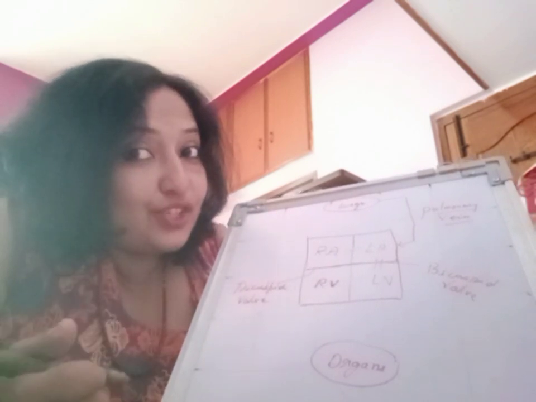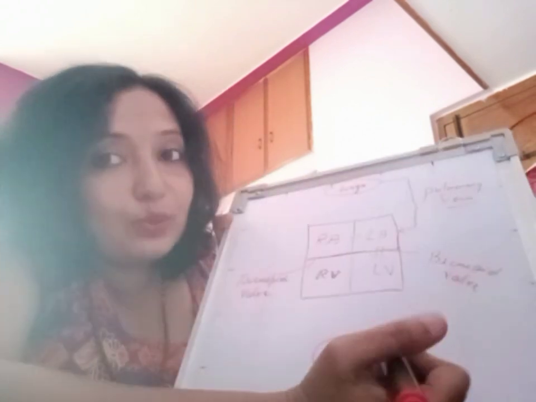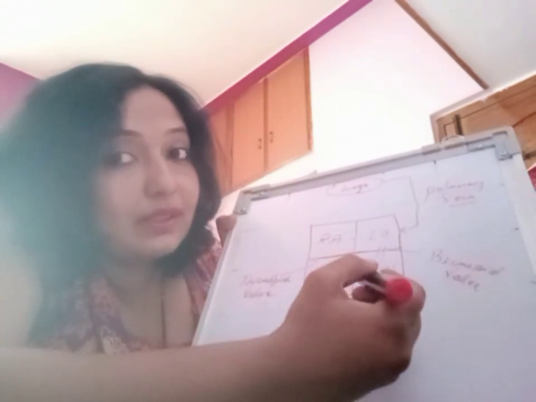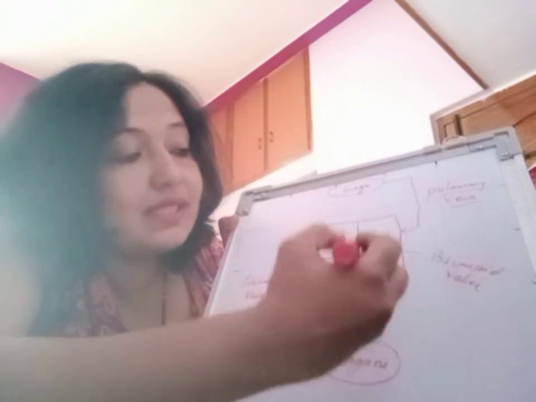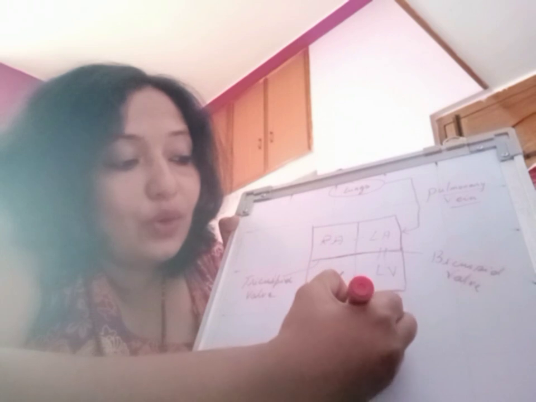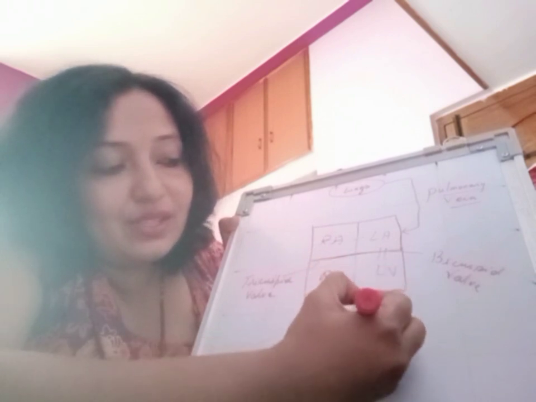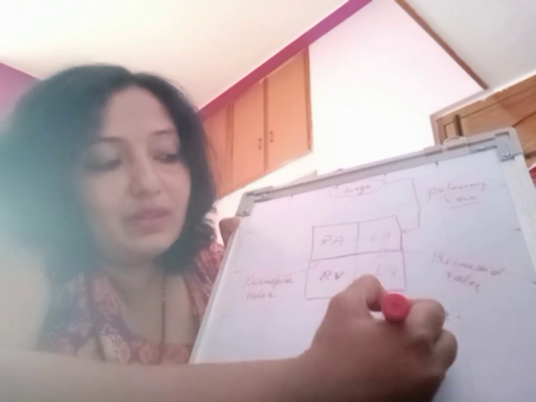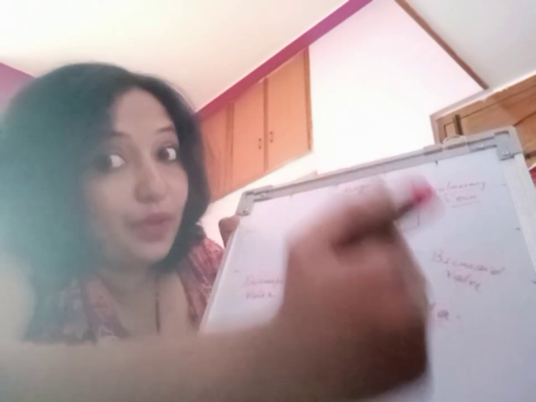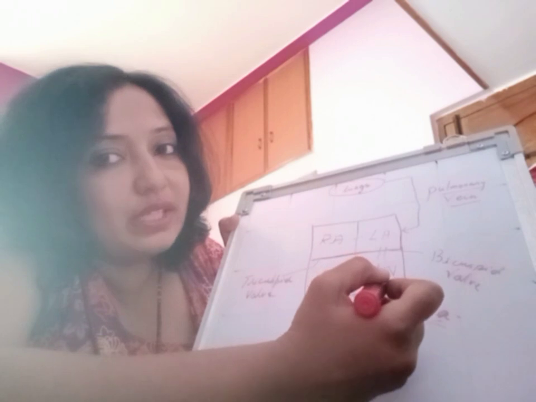From the left ventricle, the blood goes to all the rest of the organs through the aorta. That you should remember.